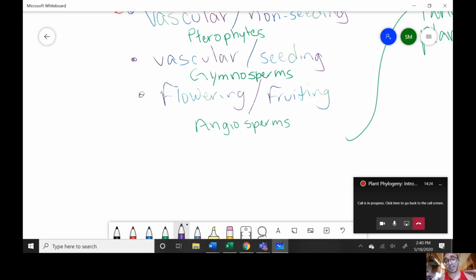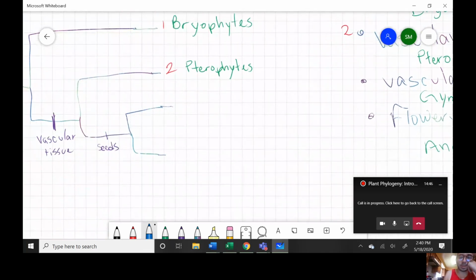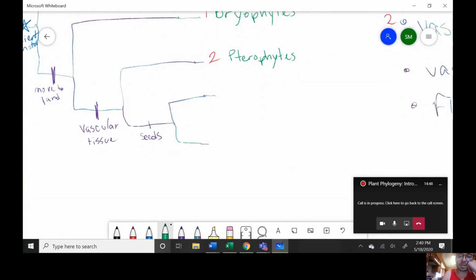They're the youngest of our phyla, and they're also the most diverse. Okay, cool. So our angiosperms and our gymnosperms. So gymnosperms came first, so that's our number 3.